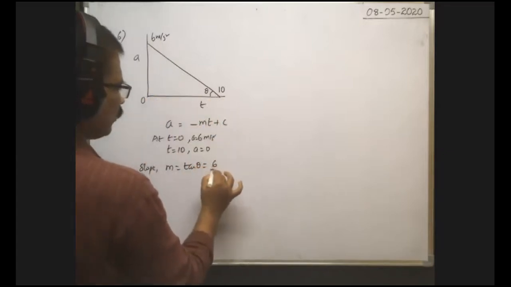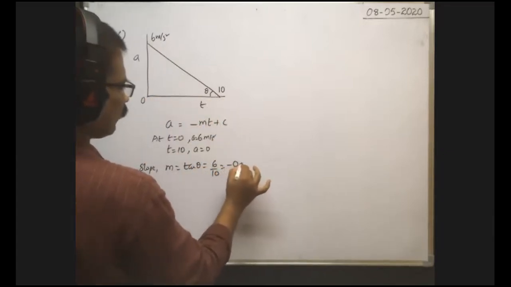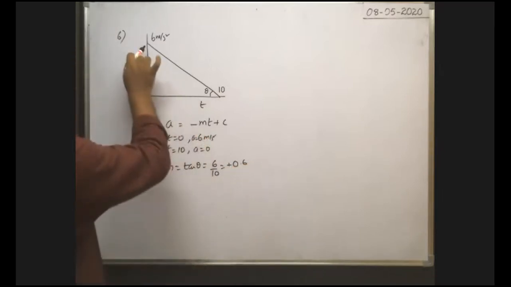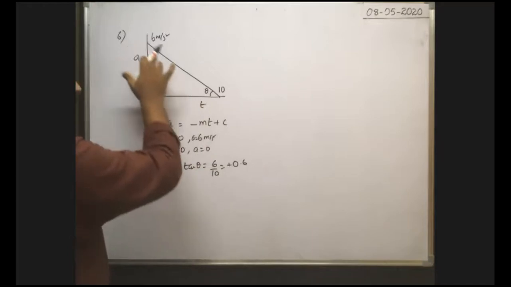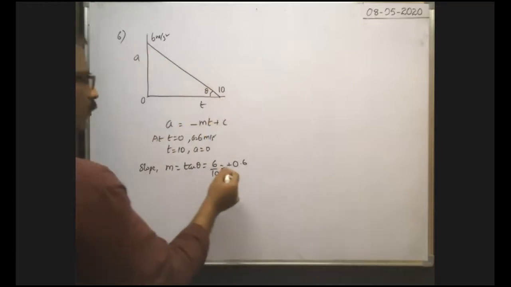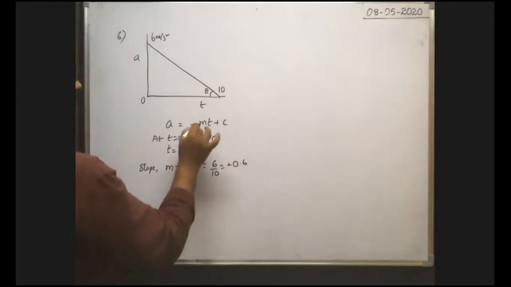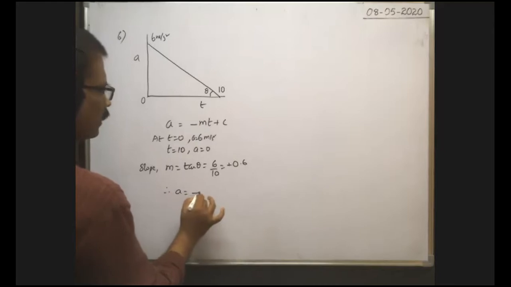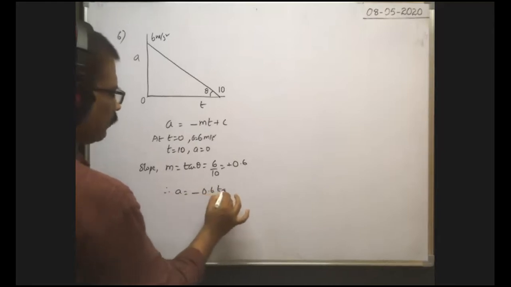That's why 6 by 10, that is equal to 0.6. Already we have taken the minus sign because acceleration decreases with time. That's why we have drawn the straight line with negative slope only. We have written already here. That's why you substitute this slope is equal to 0.6 here. So therefore, a is equal to minus 0.6 into t plus c.